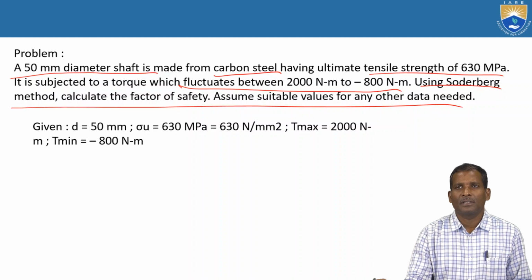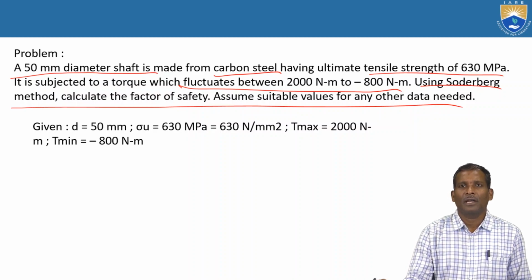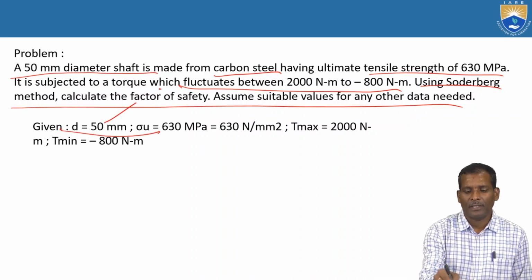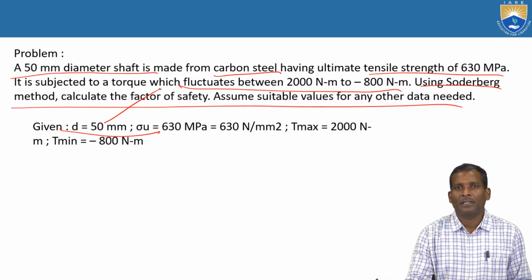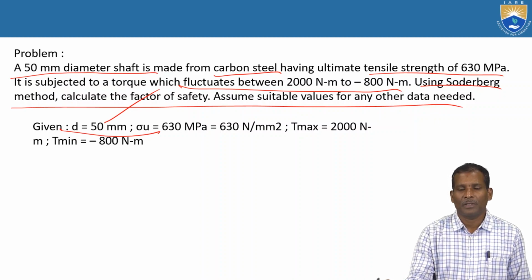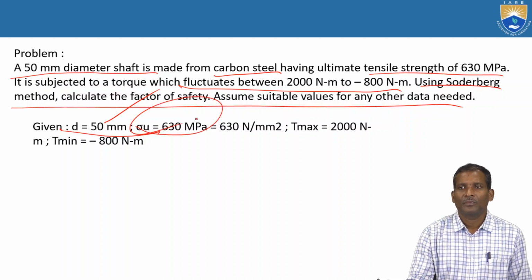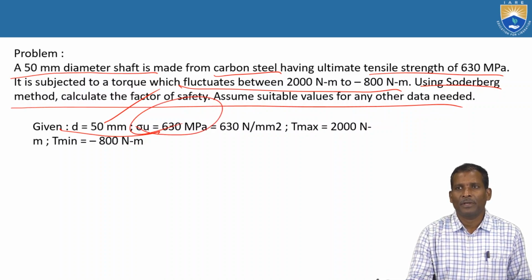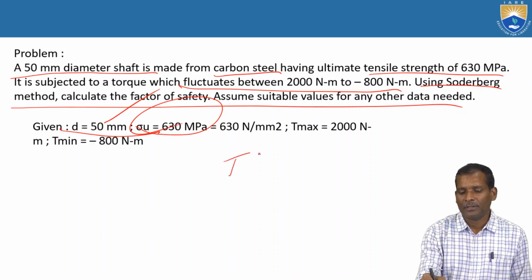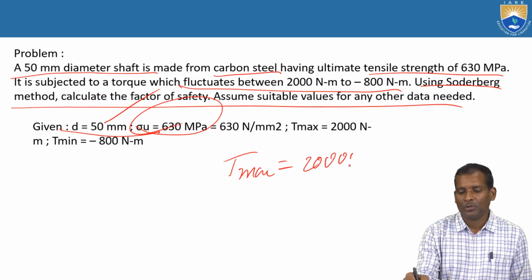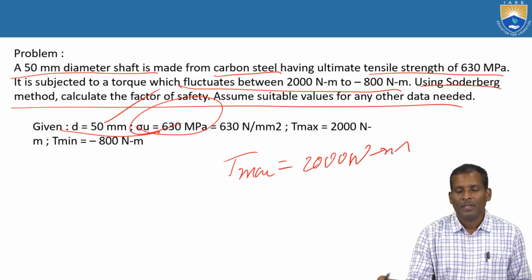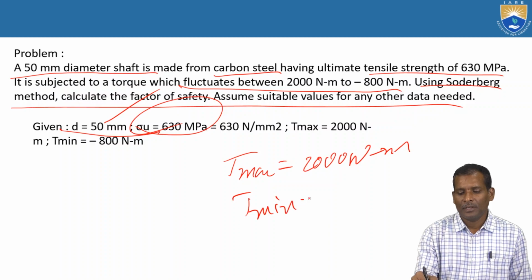Here the diameter of the shaft is given, and the ultimate tensile strength is 630 megapascal, sigma u, which is 630 Newton per mm square. The torque fluctuates: T max is 2000 Newton meter and T minimum is minus 800 Newton meter.